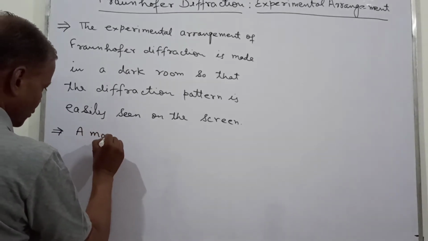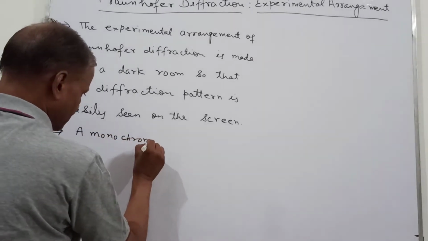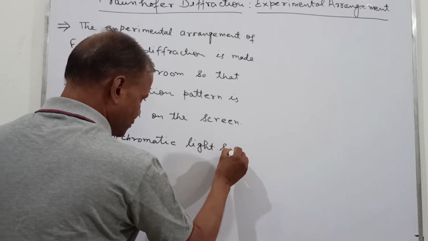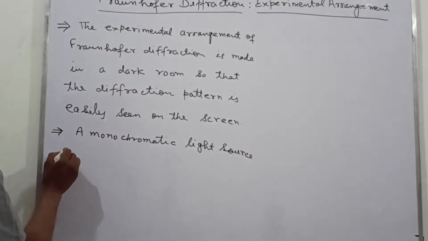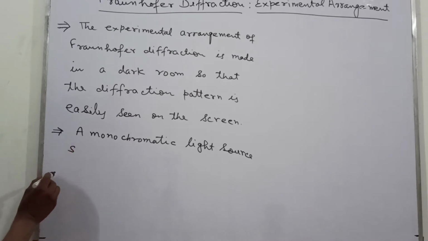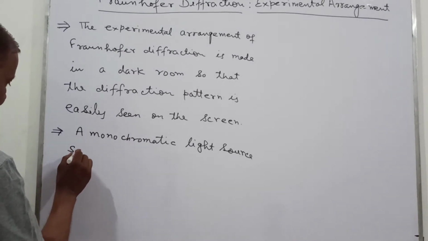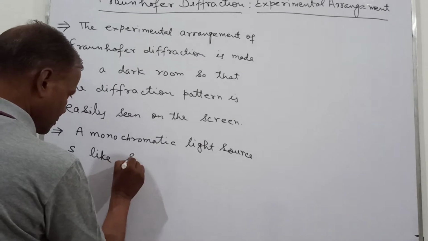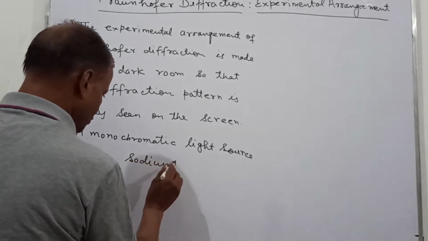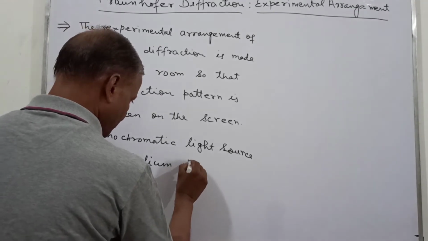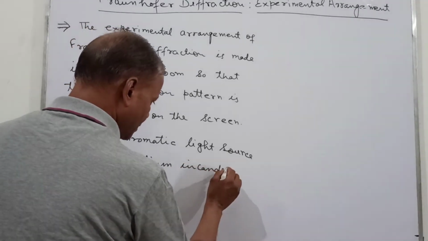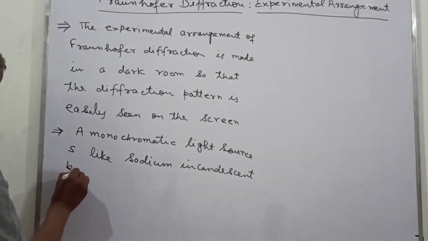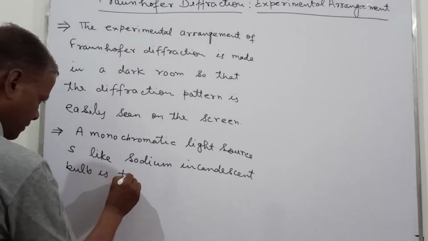A monochromatic light source S, like sodium incandescent bulb, is taken.